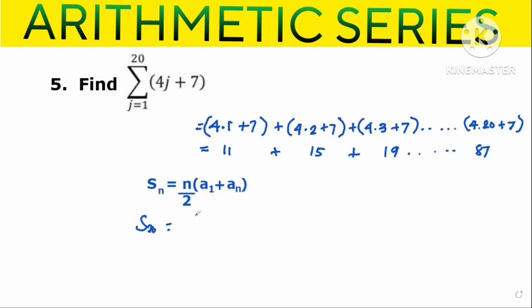So S sub 20 is equal to 20 over 2. A sub 1 is 11 plus the last term is 87. Now 20 over 2 is 10. 11 plus 87 is 98. So the 20th partial sum is equal to 980.